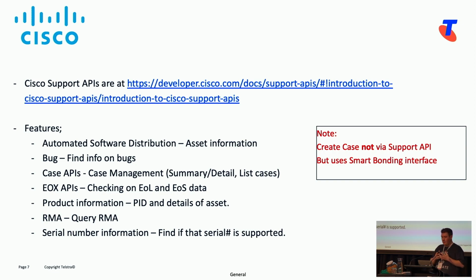And Cisco have a really nice serial number to information feature that provides details about whether that serial number is supported or not, and what information Cisco knows about that serial number.